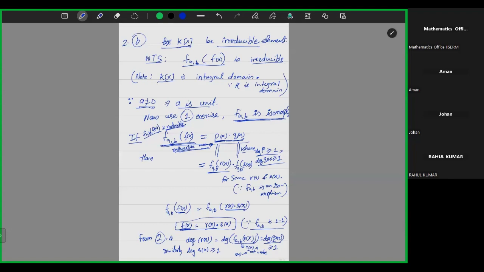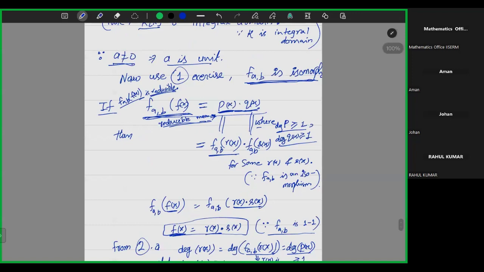For higher degrees, I don't know any general method to see if it is reducible or irreducible. We'll come to that in the fourth question. If it is reducible, you will find such Px into Qx so that F can be factored, and Px and Qx are both not units. You can factor them into non-units. That's all I can say right now.